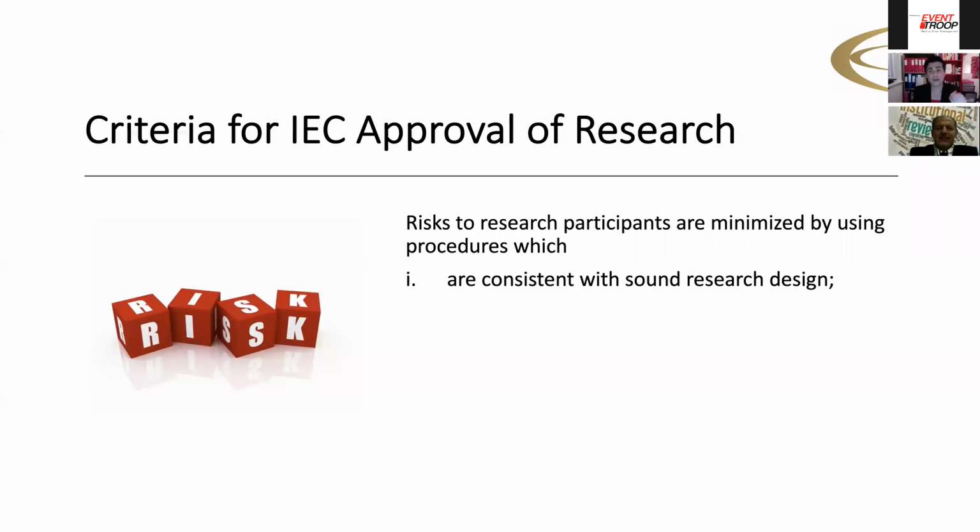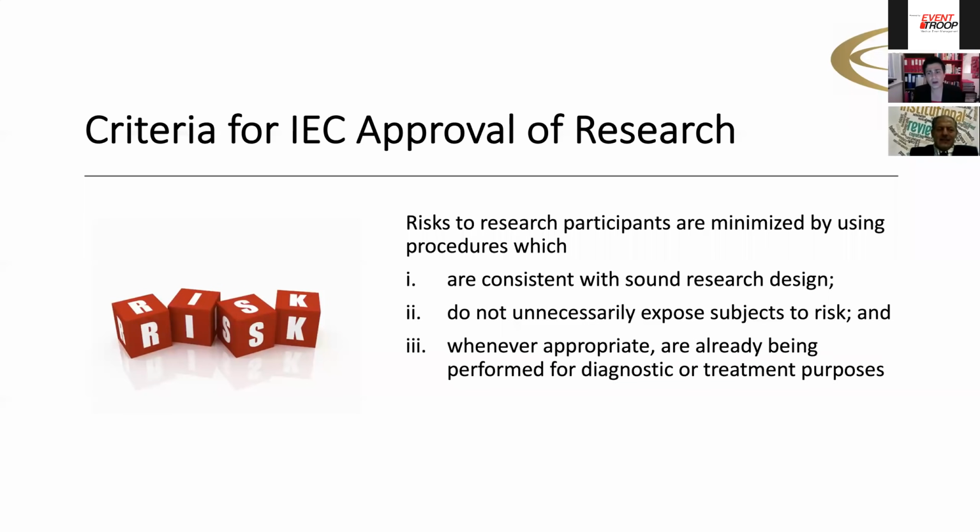What procedures are used? Are they going to be consistent with good research design? Are you not unnecessarily exposing subjects to risk? And whenever appropriate, are procedures already being performed for diagnostic and treatment purposes?